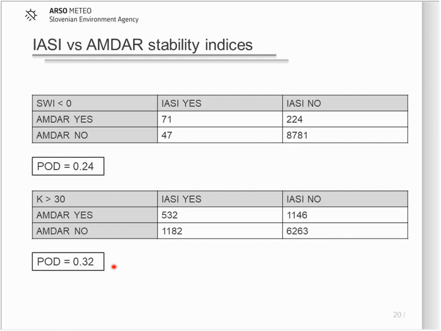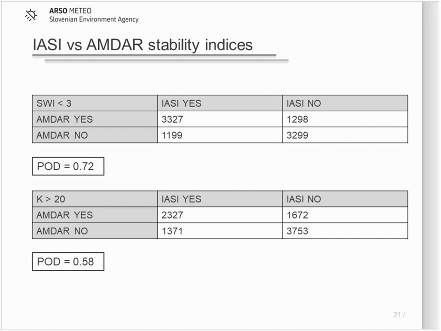This doesn't look really well, but we tried to change the threshold. Now, those indices were developed for radio soundings, for in situ measurements. They show so much more variability, and our profiles are smoother.